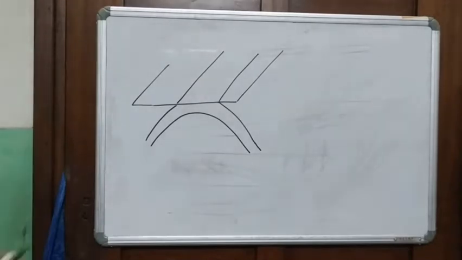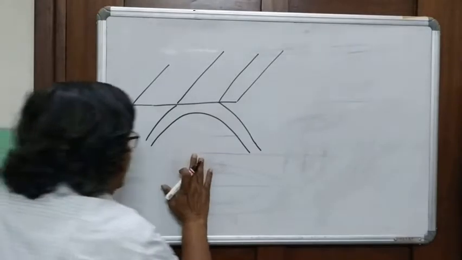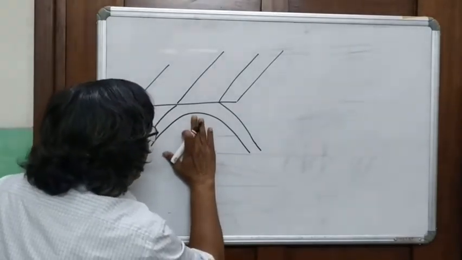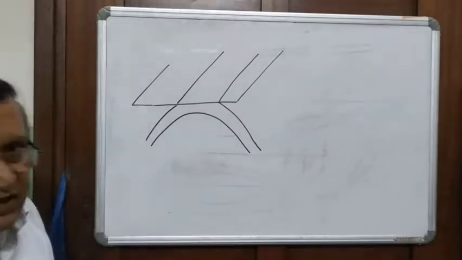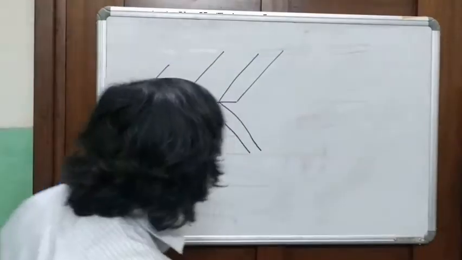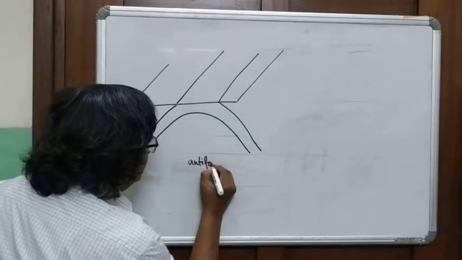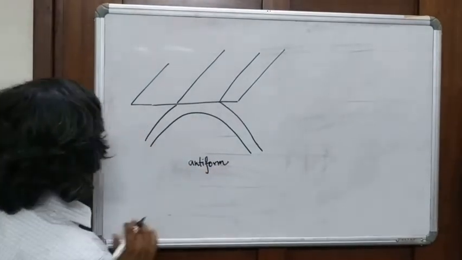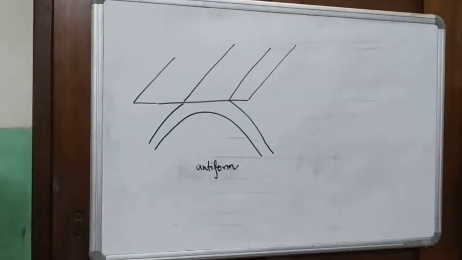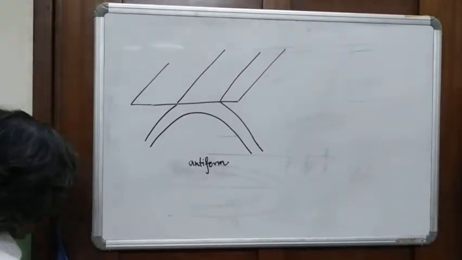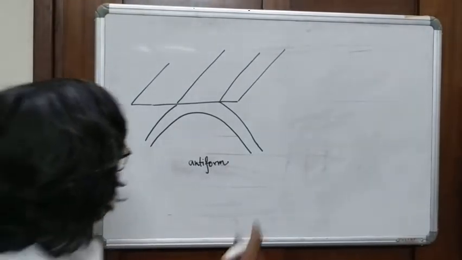So now, this geometry, where the curvature of the fold is convex upwards, is called an antiform.